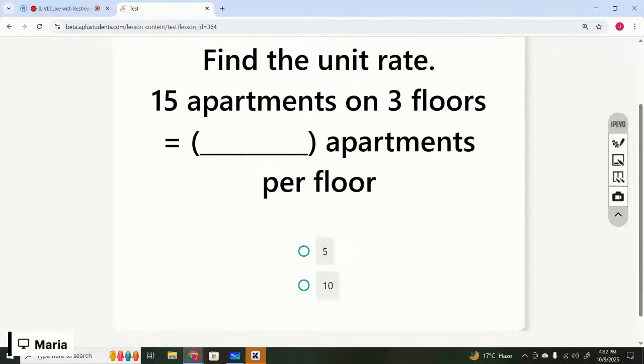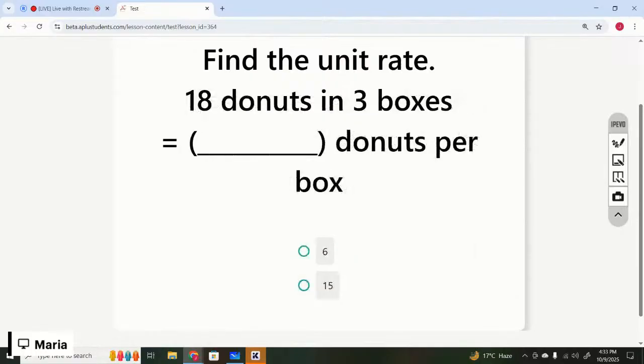Fifteen apartments on 3 floors. So how many apartments per floor? That is 5 apartments per floor. Option number 1 is the correct option.